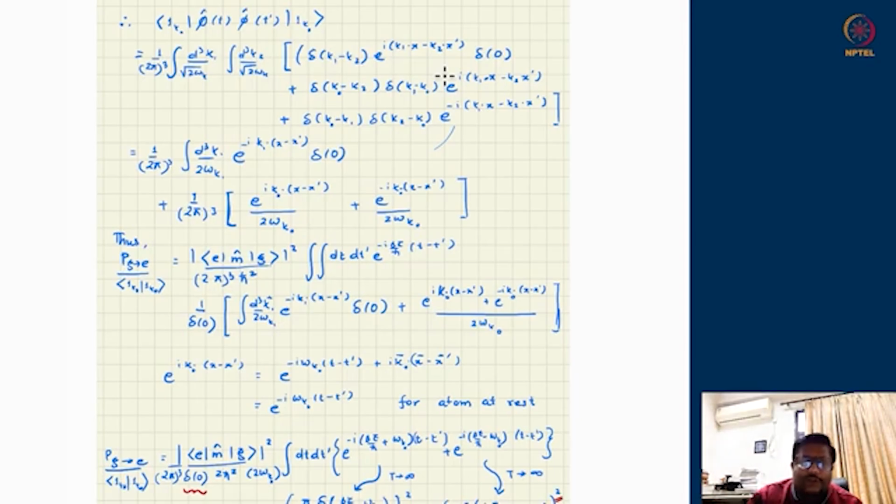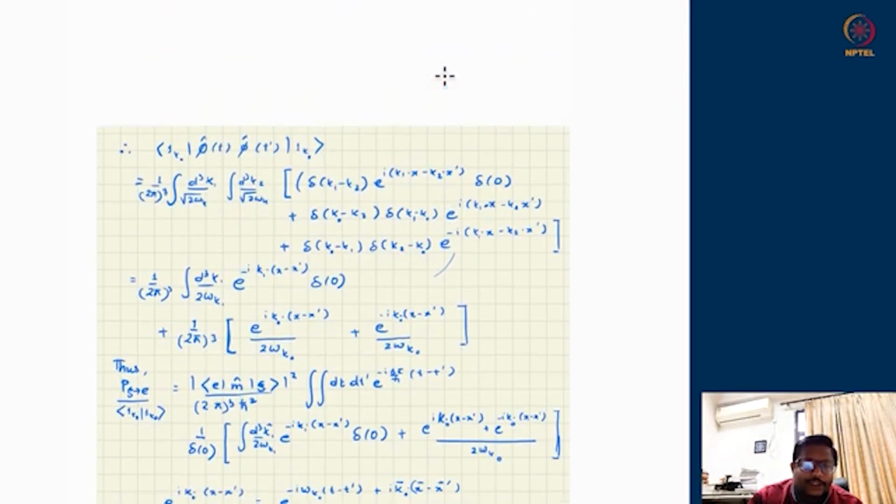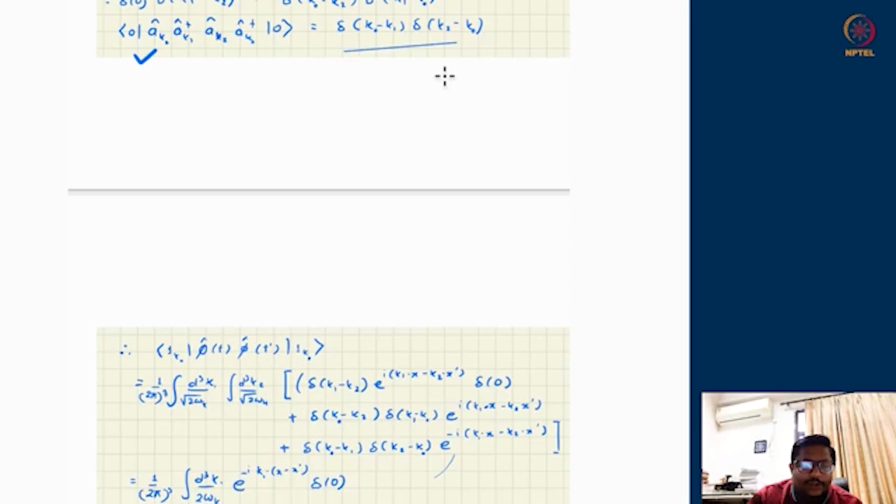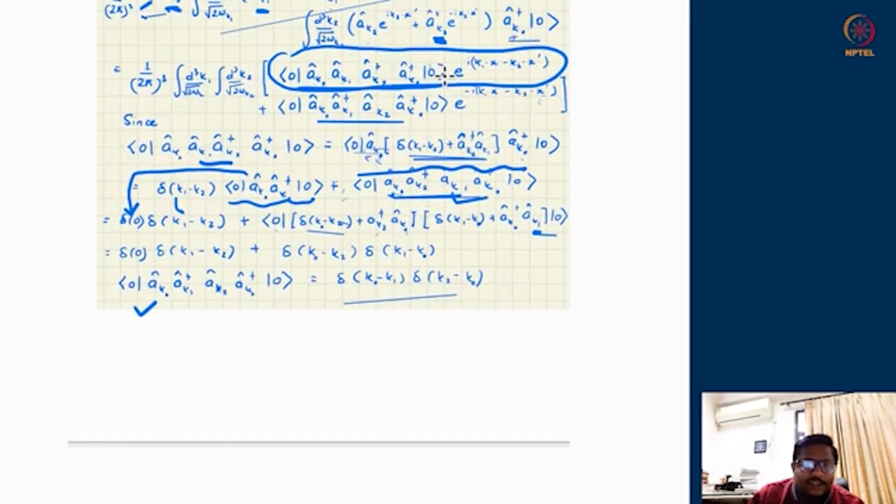So the first set of operators which was getting squeezed between the vacuum state was AK0, AK1, AK2 dagger and AK0 dagger with exponential phase k1 x minus k2 x prime.